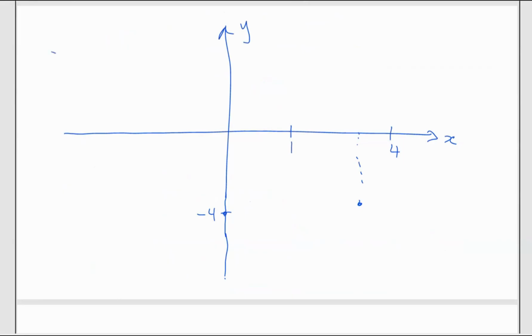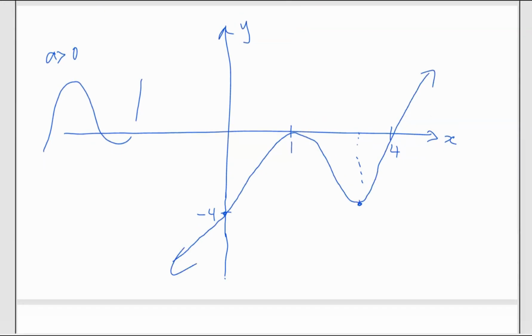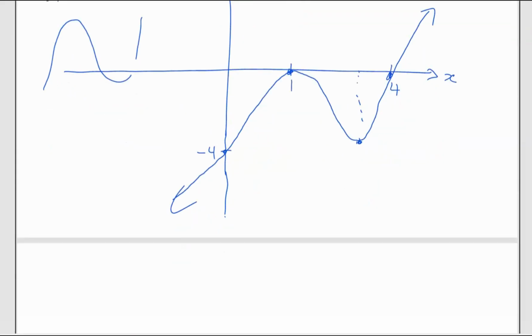So since a is greater than 0, our graph is going to be something of the sort. So I'll have something like this, passing there and passing through it. So these are the points of interest that the question needed. That is the kind of graph we would have for that question.